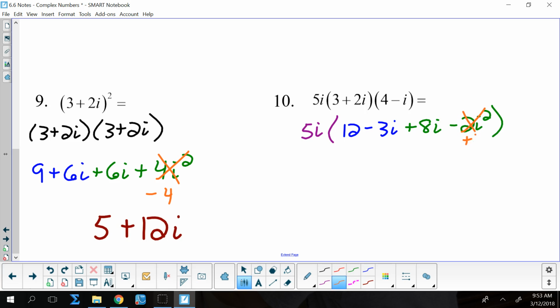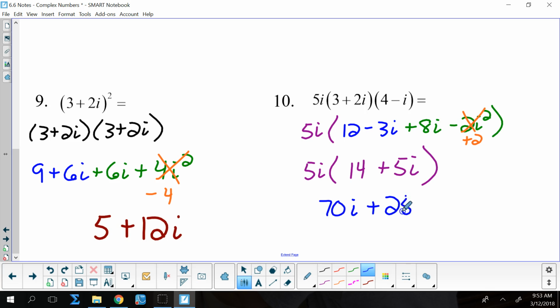This is positive 2, so this really is 5i times 14 plus 5i, which then would become 70i plus 25i squared. 25i squared is really negative 25, so this really is negative 25 plus 70i.